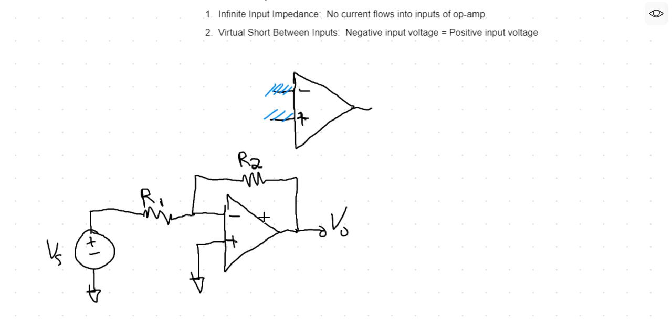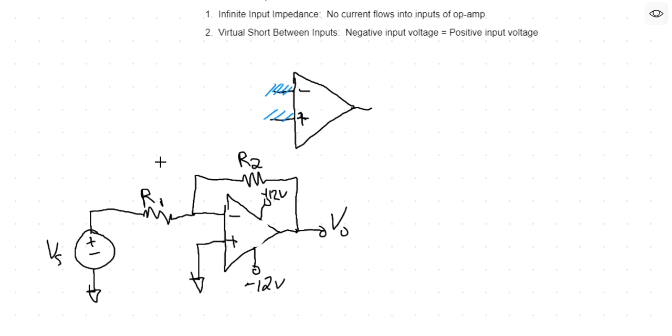So if I were to draw, sorry, let me erase that. So maybe this is negative 12 volts, and right here it's positive 12 volts.